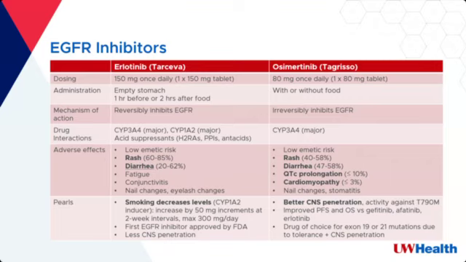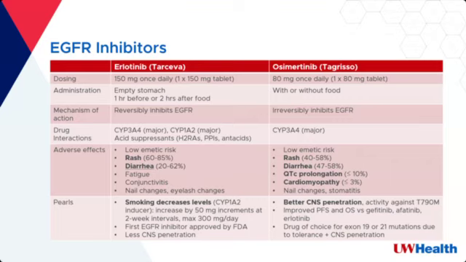This is taken with or without food. Again, it's a major 3A4 substrate, so opportunities for drug interactions. And most common side effects with these EGFR inhibitors include rash and diarrhea. Osimertinib in particular does carry a risk of QT prolongation, particularly in patients that already have a risk at baseline. So if a patient does have those risk factors, we do recommend a baseline EKG with periodic monitoring throughout treatment.